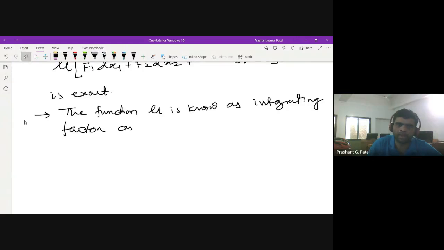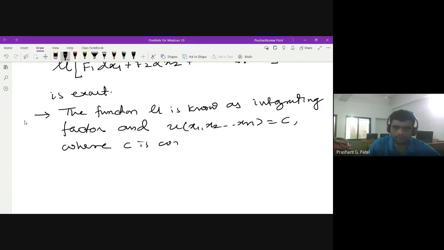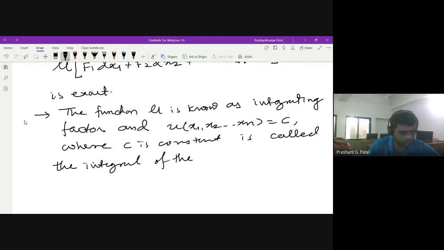And u of x1, x2, up to xn equal to c, where c is a constant, is called the integral of the corresponding Pfaffian differential equation.